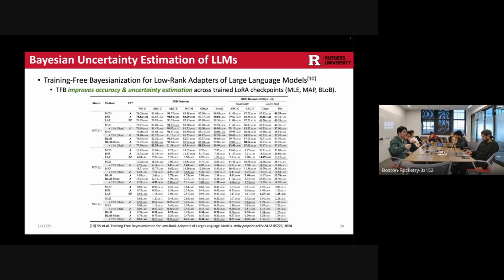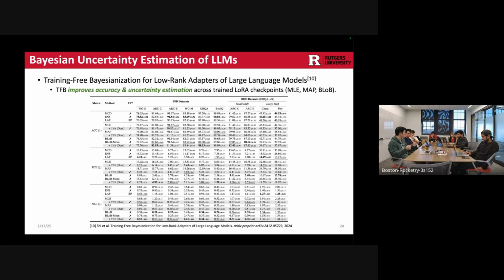And let's take a look at how well this works empirically. The TFB, the training-free Bayesianization, improves accuracy and uncertainty estimation across different LoRA pre-trained checkpoints. Another good thing about TFB is that you don't need to retrain the LoRA yourself. Because we have Hugging Face and other open-source platforms, people just upload their LoRA adapters on different datasets.